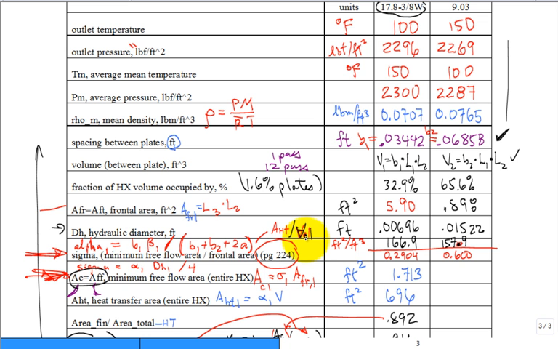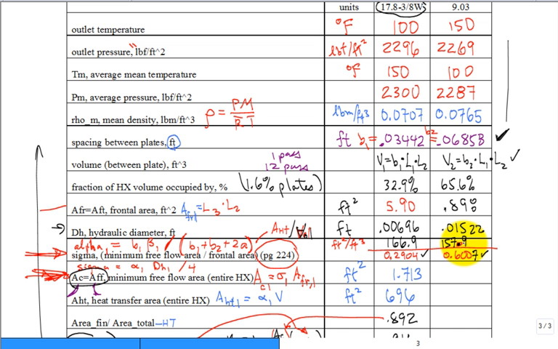That's the minimum free flow area to the frontal area, and it's 0.2904 and 0.6007. Those two numbers, were you able to get the two sigmas? So it's about 30%. You have the frontal area, but then that fluid has to get into the free flow or cross-sectional area to flow, and that's only 30%.